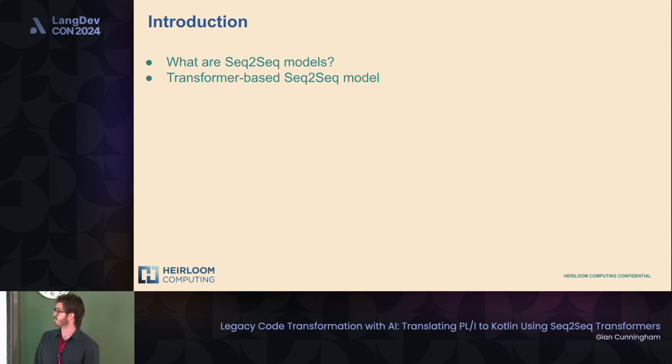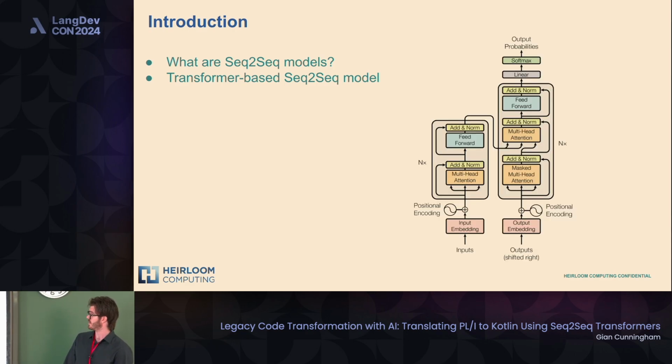Now, today we're going to be using the transformer architecture, which is a specific sequence-to-sequence architecture. It's a subset, and the core ideas are the same. We've still got our input sequence going into our encoder, passed to a decoder, and our output.